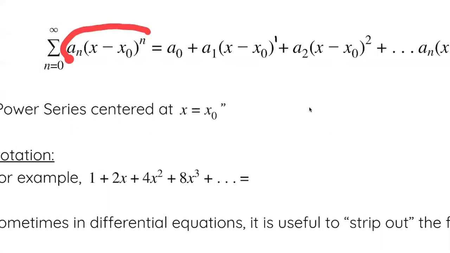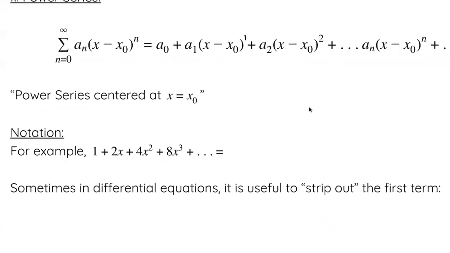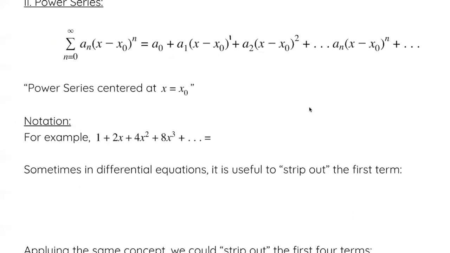We're going to take this expression that we have here, and we're going to start plugging in numbers for n. We're going to plug in 0, we're going to plug in 1, 2, 3, 4, and we're going to keep plugging in until we get to infinity, all right? And if we add these all up, we will get our power series, all right?